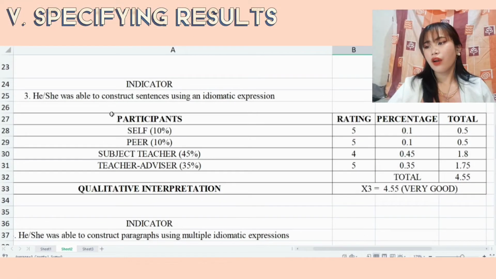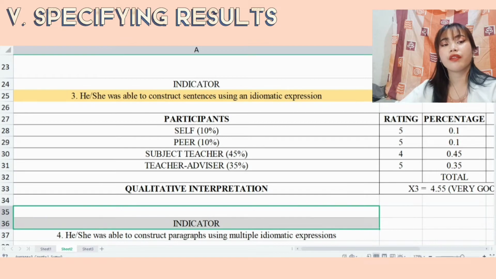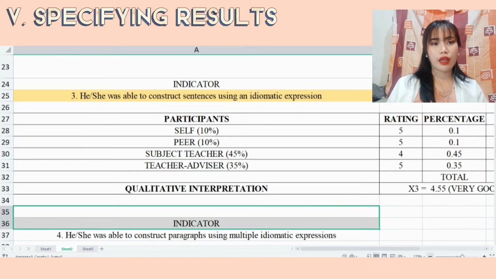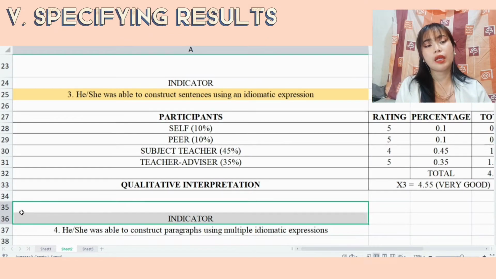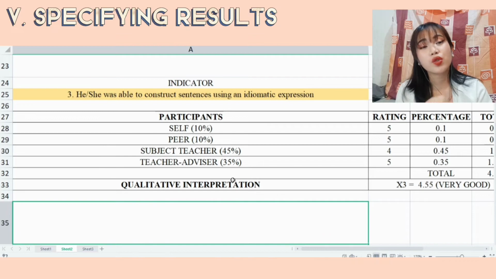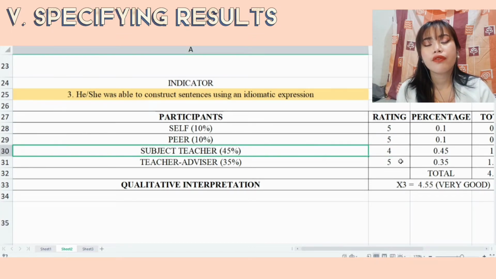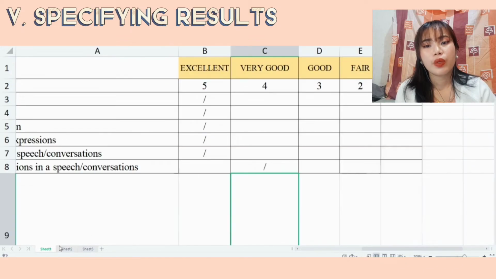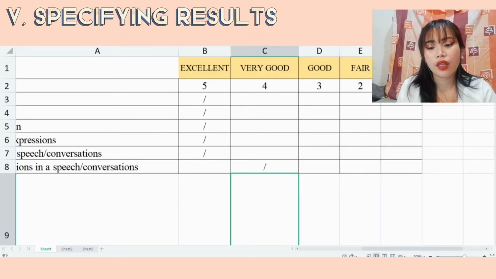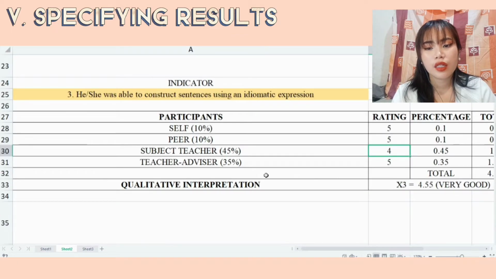In this case, for the third indicator, we have a rating that is different from all the ratings of the three persons. The subject teacher rated the third indicator, able to construct sentences using an idiomatic expression, as 4. So we have a different result than the previous tables, right?